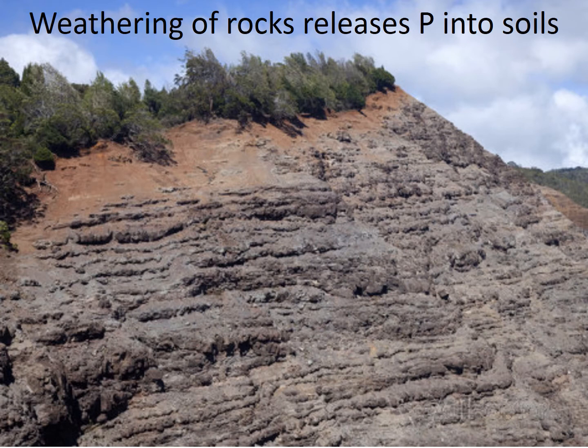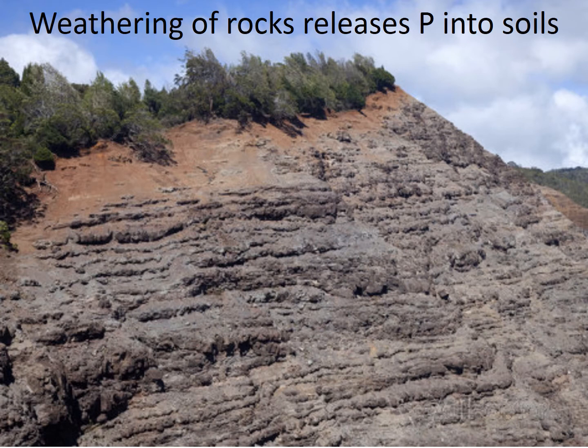If you think of the natural cycle, the natural equivalent of mining is the weathering of rocks. I can't remember where this is actually, but these are some basalts. And on top of the basalts you can see there's some vegetation, and you might just be able to make out there's some red soil up there.